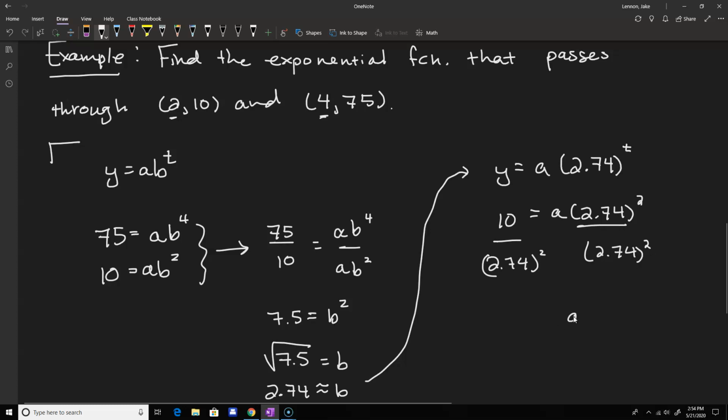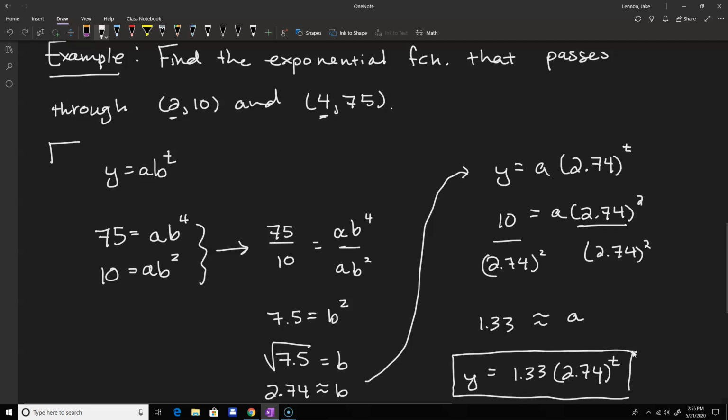And we get the value of a, which is approximately 1.33. Okay, so the question asks for the entire equation. So if you plug both things back into the standard form, we get y is 1.33 times 2.74 raised to the t, and that would be your answer to this question.